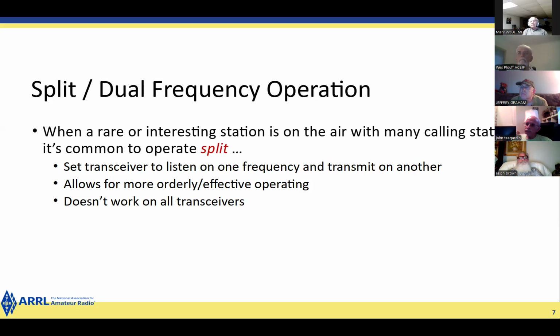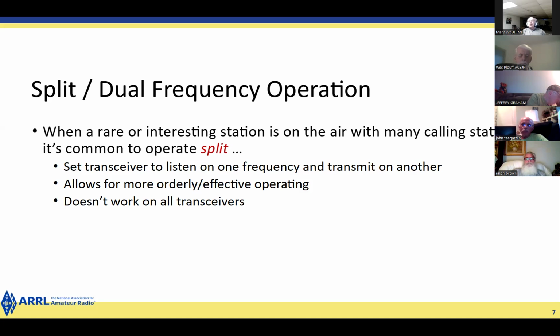When it gets to be too much for him, maybe after 5 or 6 guys are calling him constantly, he'll suddenly say, "Okay, I'm listening up." When he says he's listening up, he's operating split. So now you've got to figure out where he's listening if he doesn't say so.